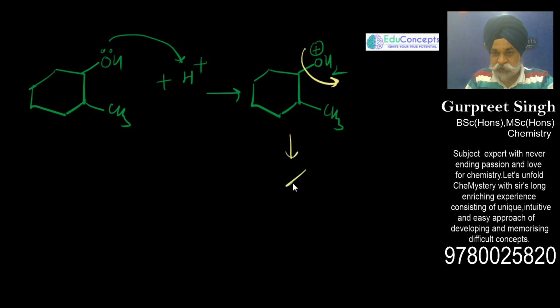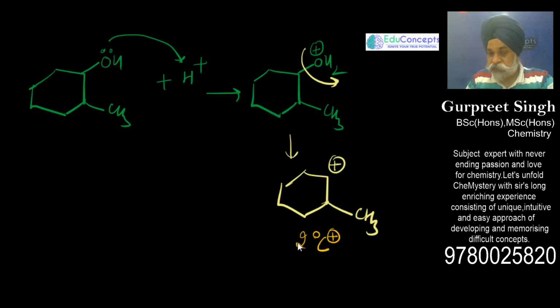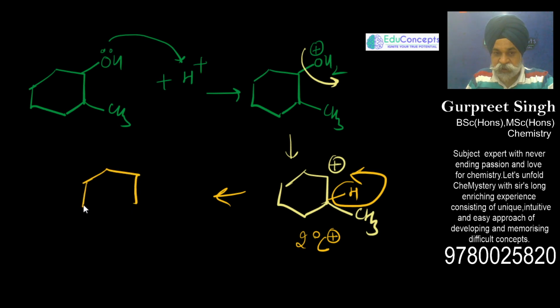resulting in the formation of carbocation. Now this particular carbocation is of the type tertiary or secondary, and this secondary carbocation, if it gets a chance to become tertiary, it would want to, and that is possible if you do the hydride shift. So once you do the hydride shift, you end up getting this particular carbocation, which is now tertiary in nature.